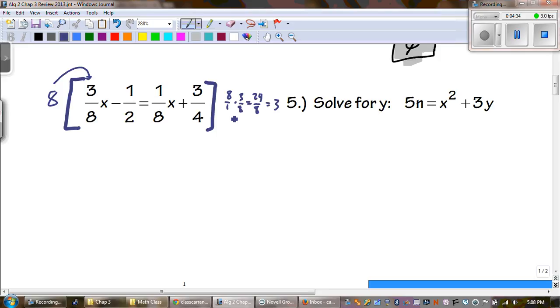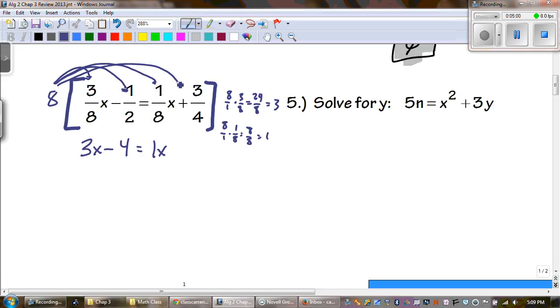And when you divide it, you get 3. So we got 3x minus, hopefully you can take half of 8. Half of 8 is 4. Okay, 8 over 1 times 1 over 8 is 8 over 8, which is the same thing as 1x.